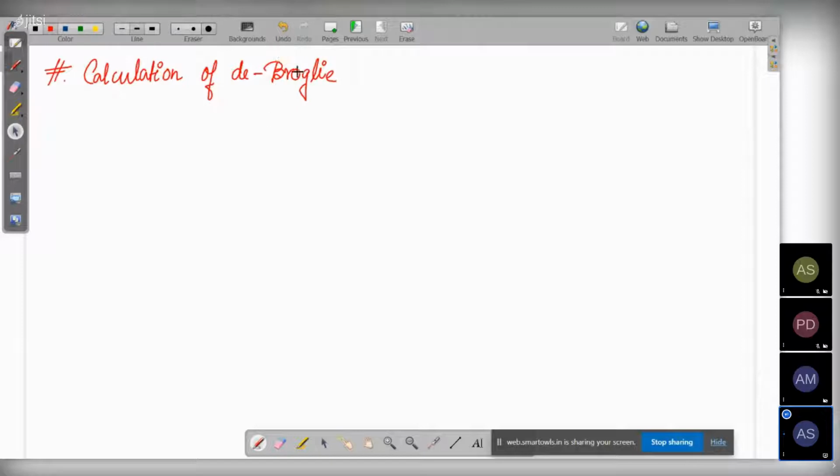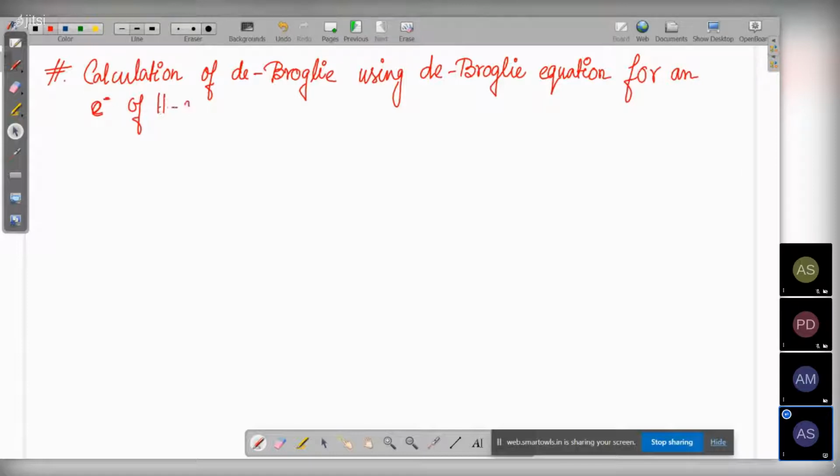Calculation of de Broglie wavelength using the de Broglie equation for an electron of hydrogen.